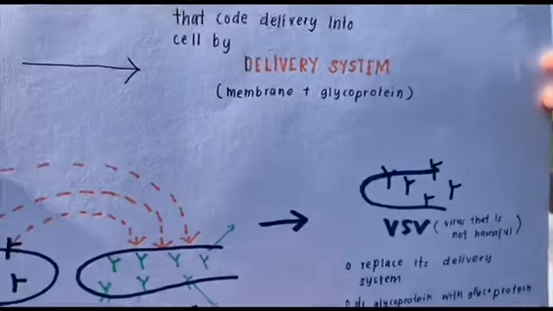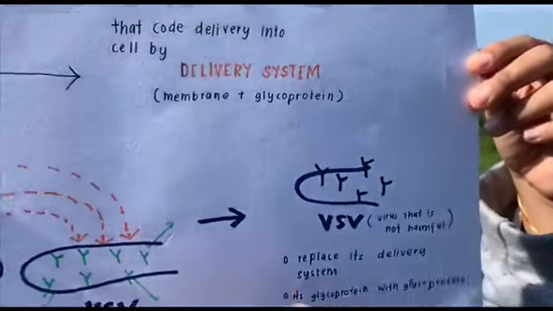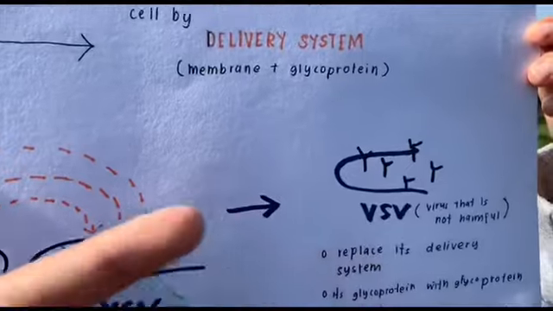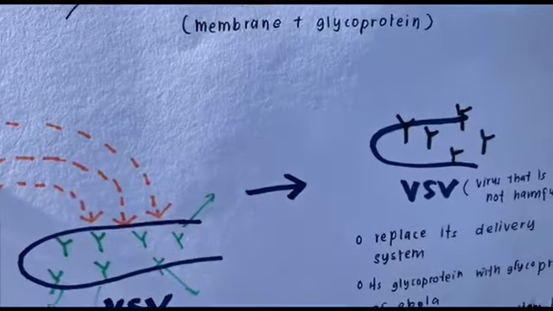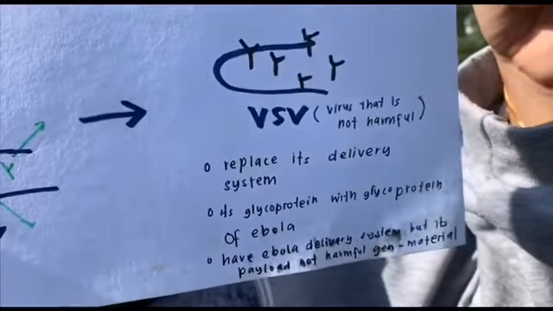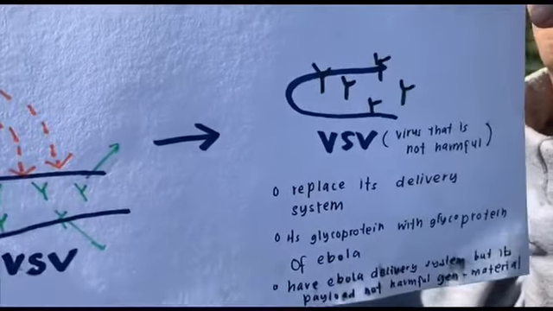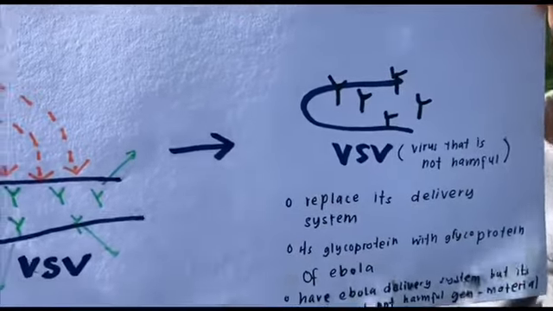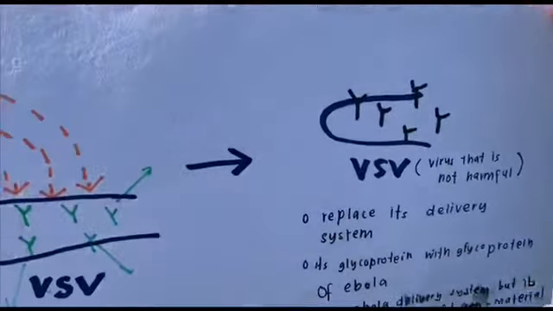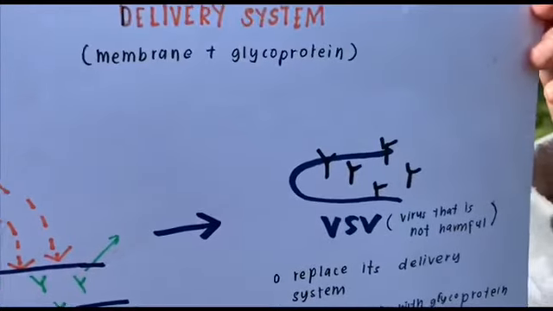The result is VSV with the glycoprotein from Ebola, so it has the Ebola delivery system, but its payload is actually not harmful genetic material inside our body.